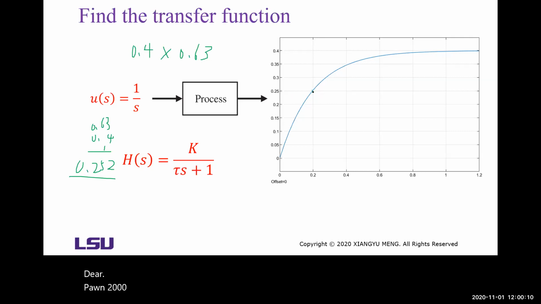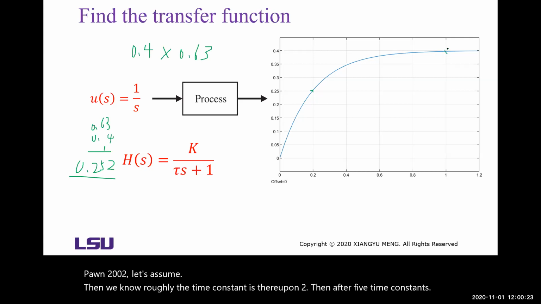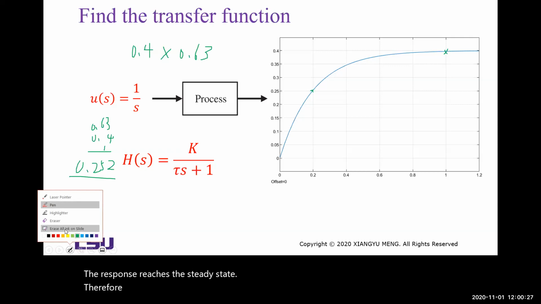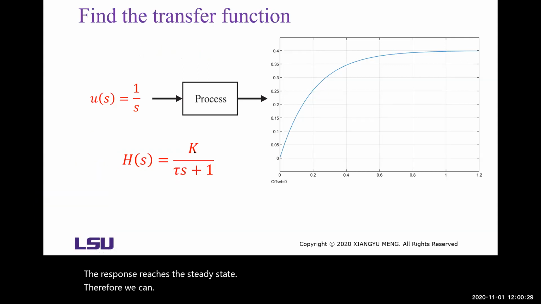So let's assume here, then we know roughly the time constant is 0.2. Then after 5 time constants, the response reaches the steady state. Therefore, we can calculate the parameters K and tau. So assume K is 0.4 and tau is 0.2.